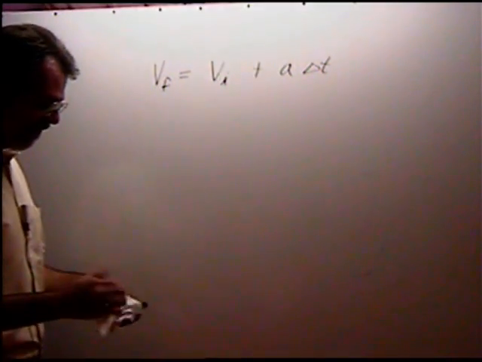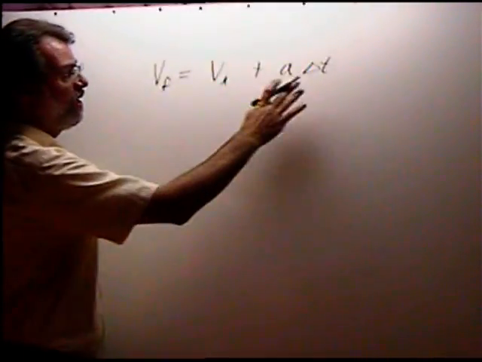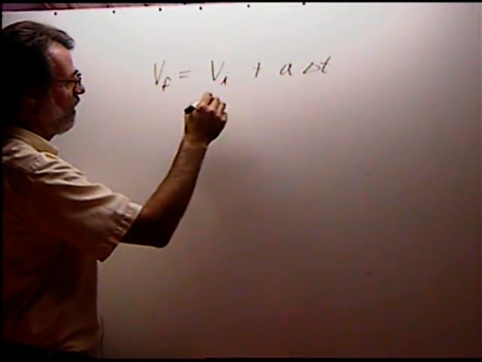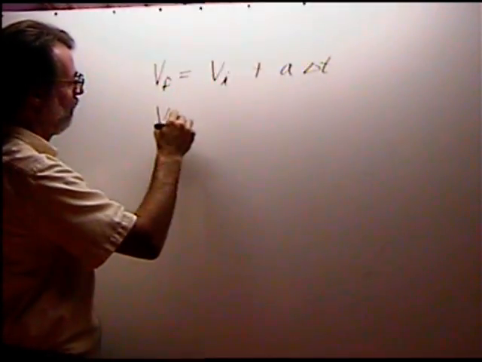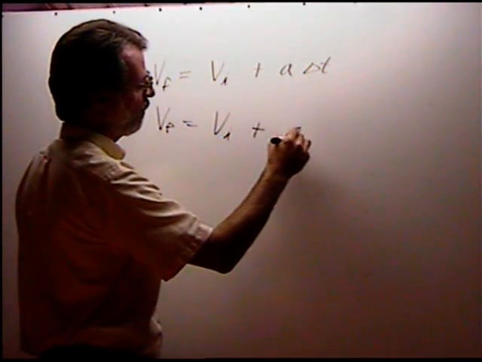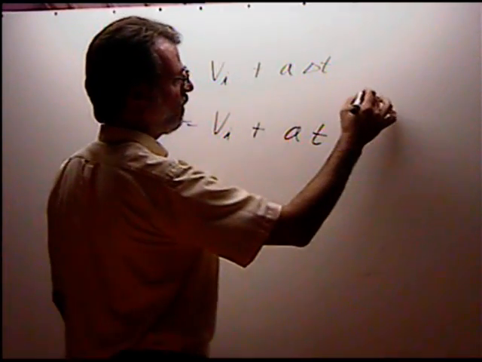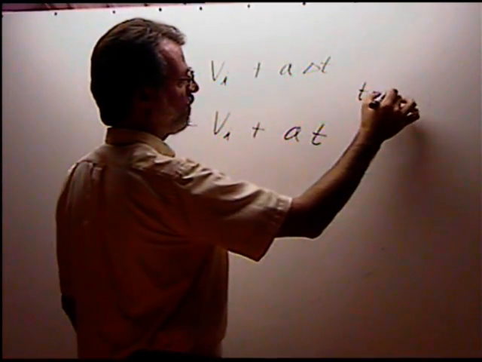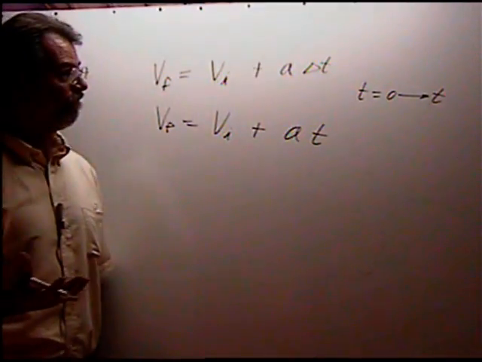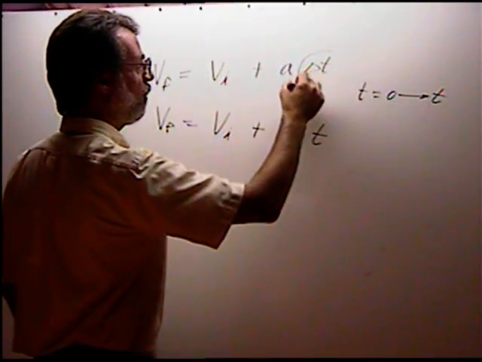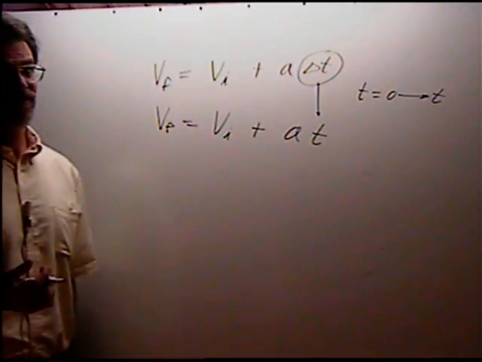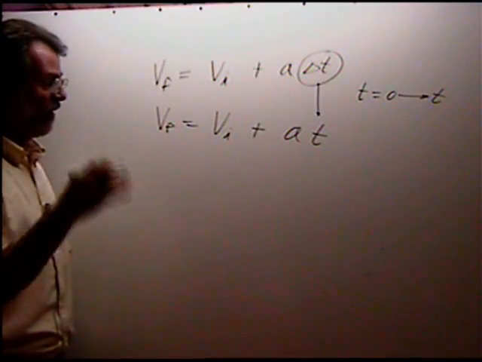Now, if we let delta t start at 0, we can simply say that the final velocity is the initial velocity plus acceleration times time. Where the idea is that t starts at 0 and it goes up to some particular time. Okay? So we're just simply going to allow delta t to be replaced by t. And that shouldn't make any confusion, I hope.